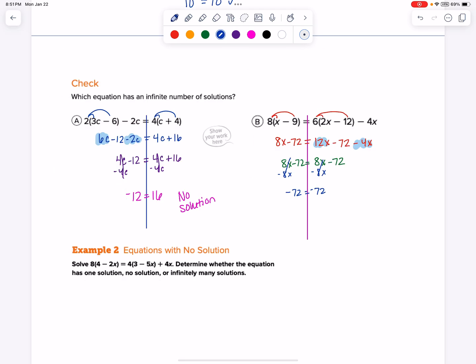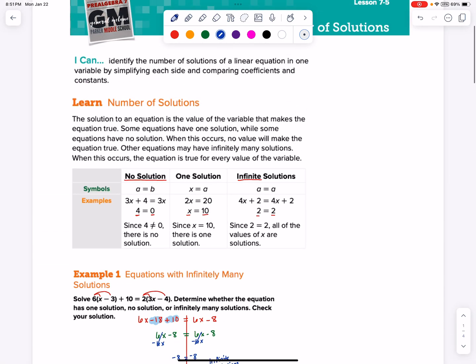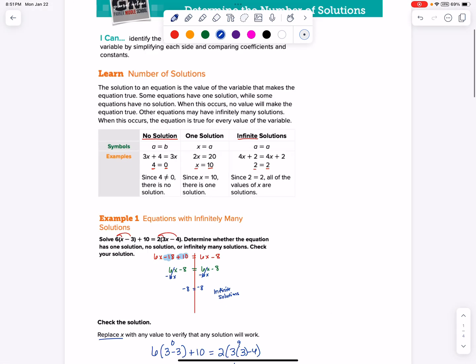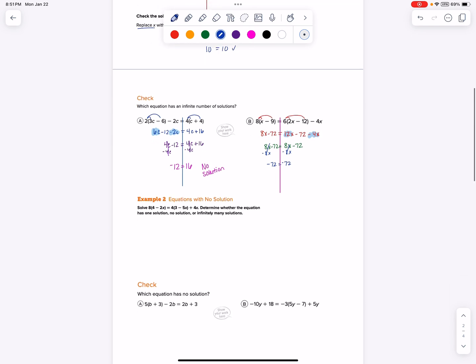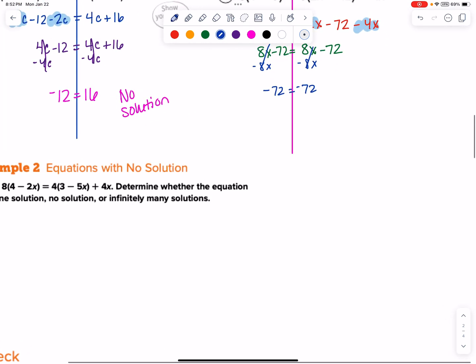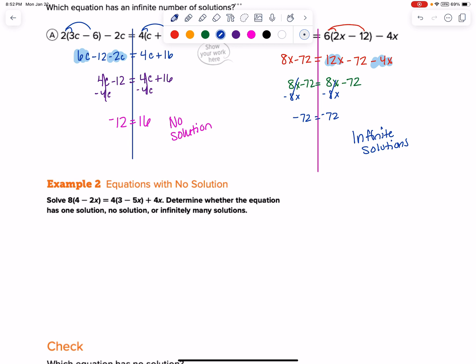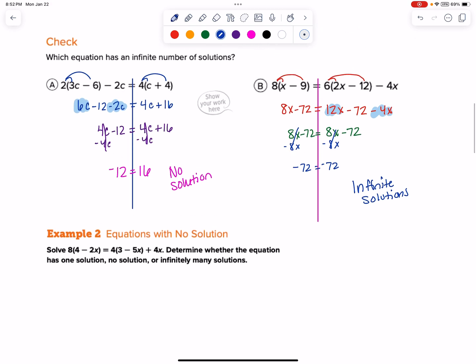And when we have a number equaling the same number, that means that this equation has infinite solutions. We could put any number in for x, and it's always going to work. So B is our answer. Let's go ahead and shade that in, and there we go.